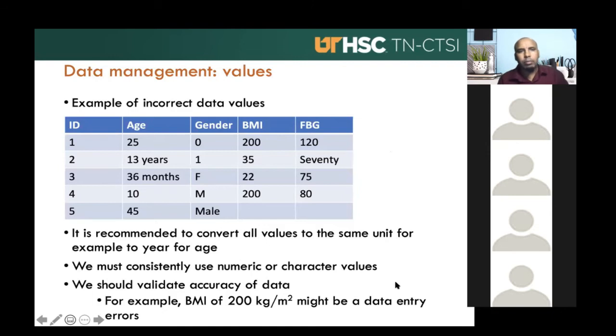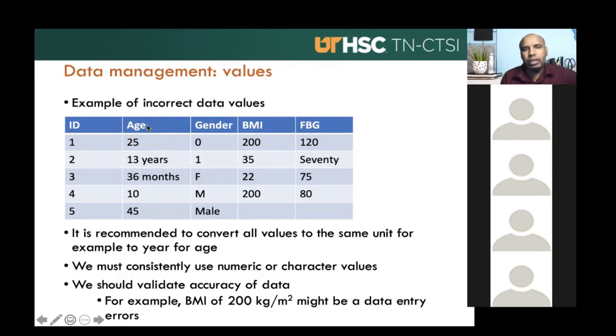So this is an example of incorrect data values. For example, in this table under age, we have age values without specifying whether it is in years or in months. It's good practice to convert all the values into the same units.